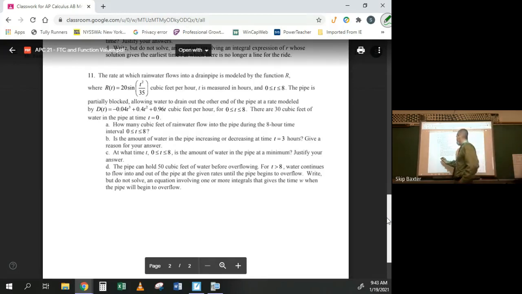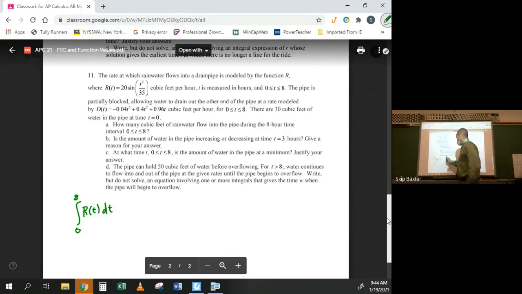If I take the integral from 0 to 8 of r of t dt, that's going to give me the amount of water that has flowed in. If I took the definite integral from 0 to 8 of d of t, that's going to give me the amount of water that flows out during that time. Does that make sense to everybody?